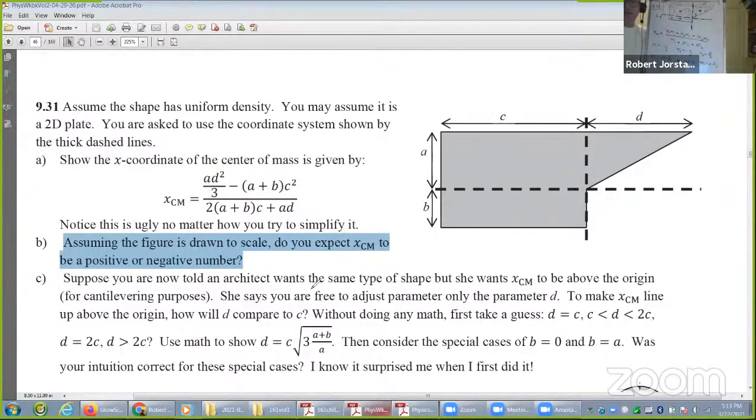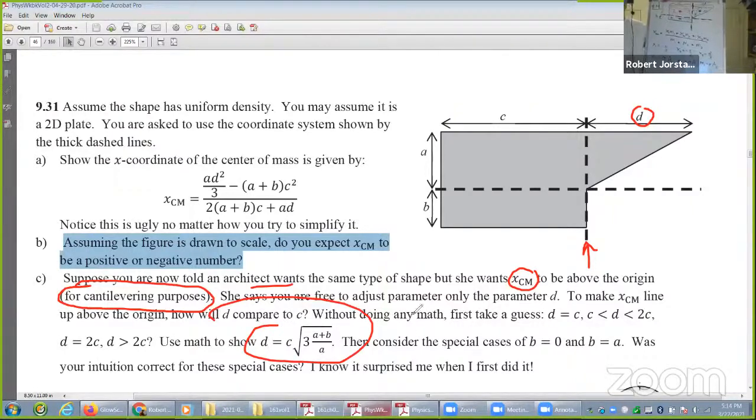Okay. And now suppose some architect wants this shape, but wants the center of mass to be above the origin, right? Maybe they're making a concrete deck and they want the support beam to be right here. Well, they want this thing to be balanced about that support beam. So maybe they want to have this be longer. This gives you an idea of how long you would need to make this thing. And it goes through the math and you could figure this all out.